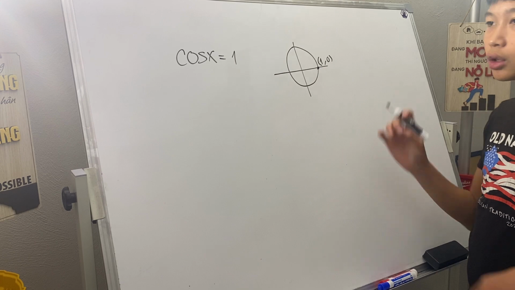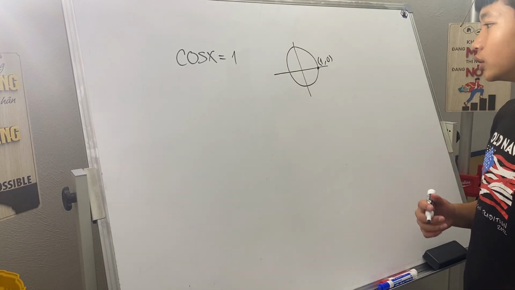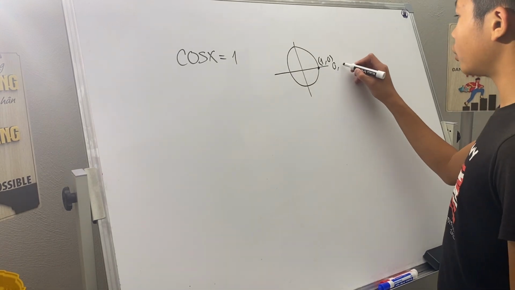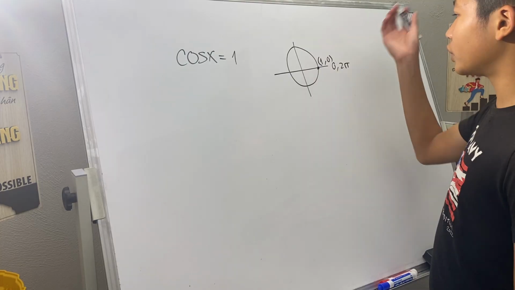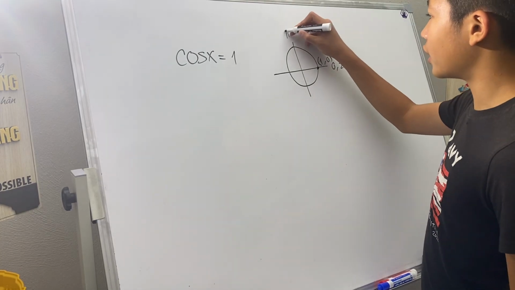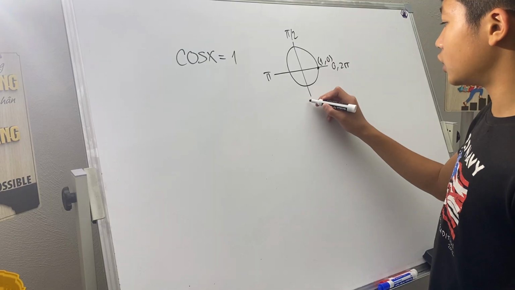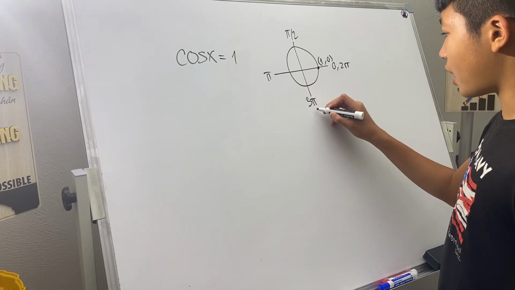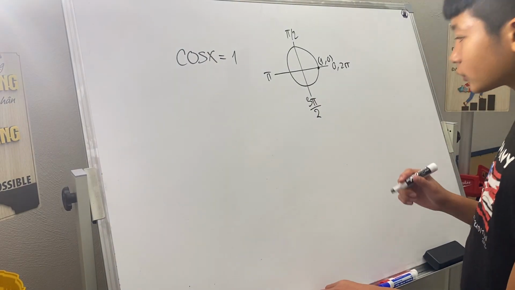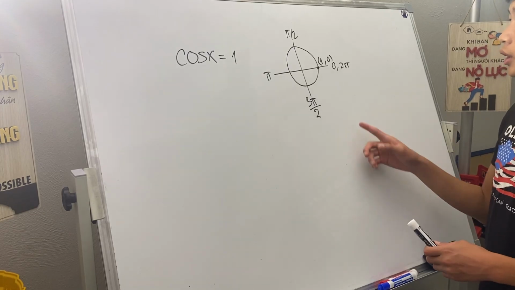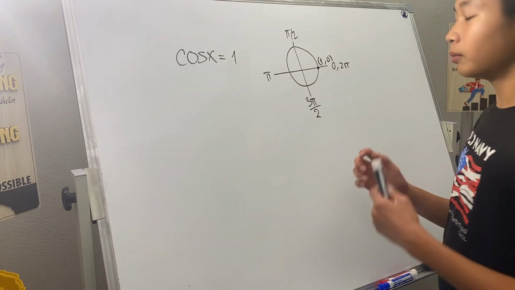X, y. Y is sine, x is 0. So right here is 0 and 2 pi, or 360, or 0 degrees, and this is pi over 2, this is pi, and this is 3 pi over 2. Like so.